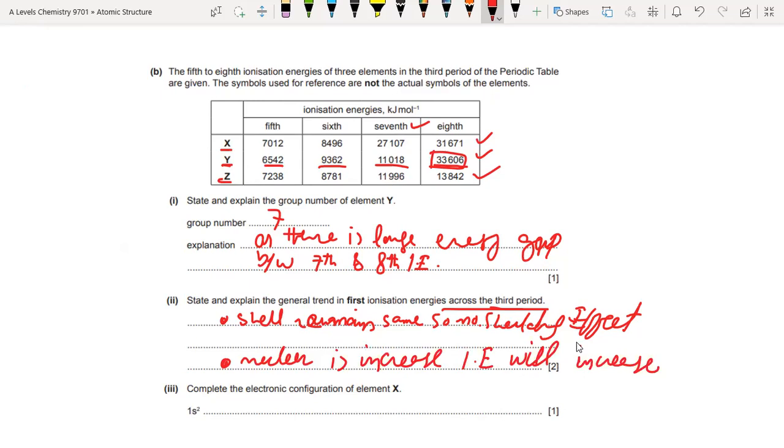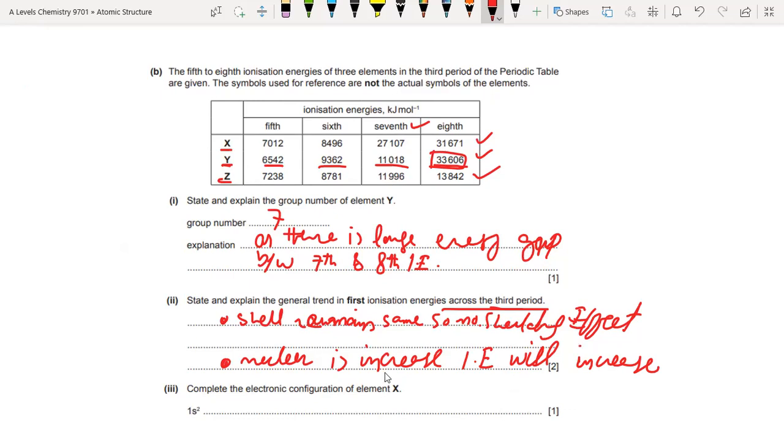Ionization energy will increase as we move from left to right in a period, due to the increase in the nuclear charge, which causes greater attraction between the electron and the protons of the nucleus. Second thing, as there is no outer shell adding up, the shielding effect will remain constant. Ionization energy will not be affected by the shielding effect.